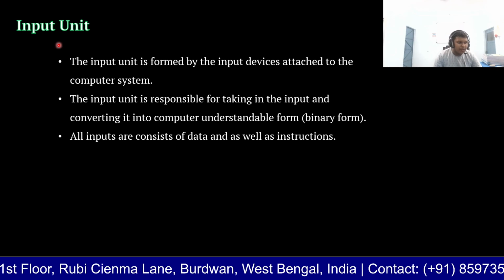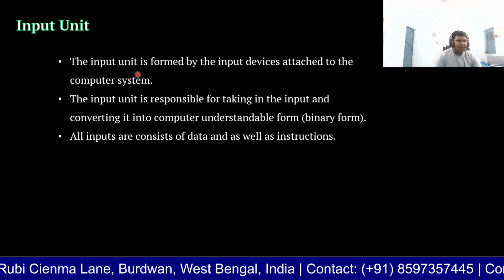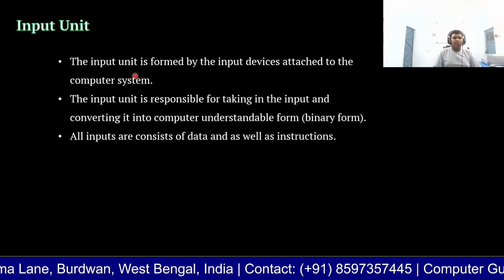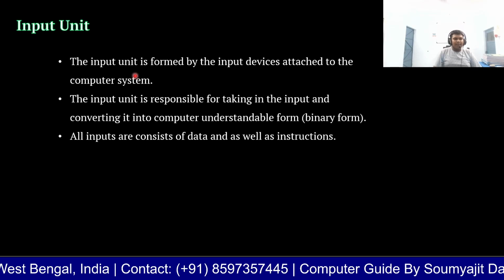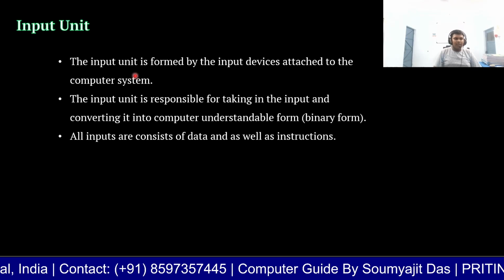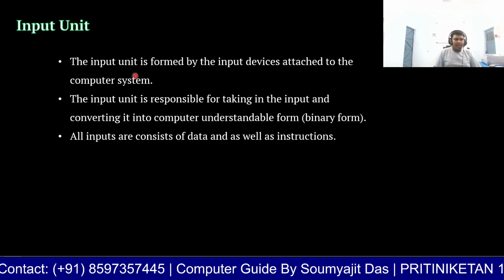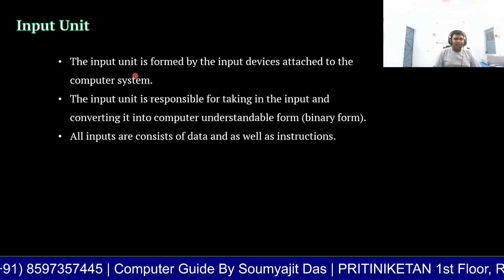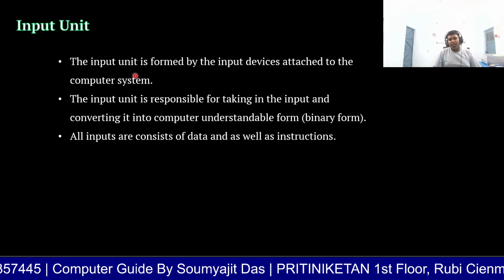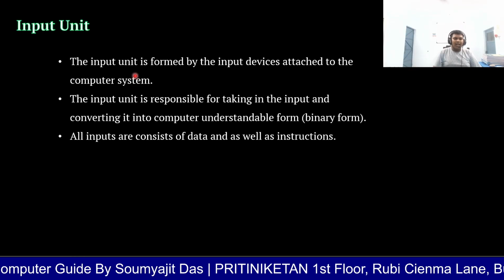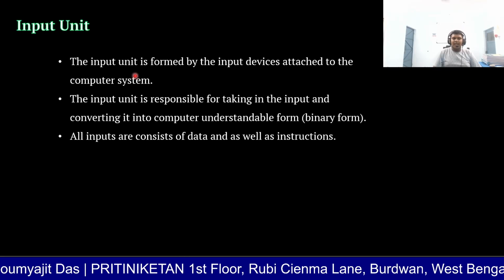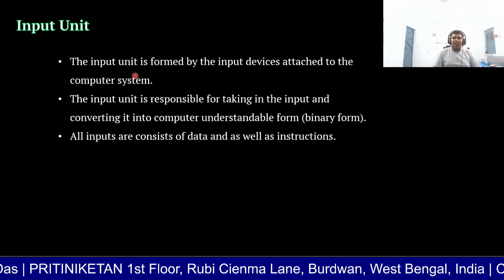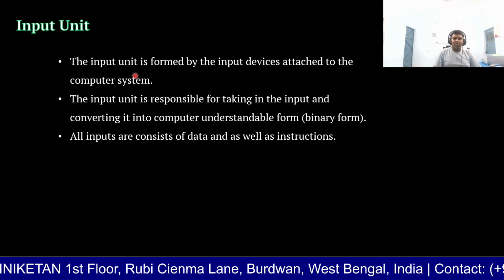Next, we have the input unit. The input unit is formed by the input devices attached to the computer system. It is responsible for taking the input and converting it into a form the computer can understand. All inputs consist of data as well as instructions. Let's say we are talking. This is a headphone that I am using. This headphone has a mic which takes in my audio, processes it, and gives output to my recording studio.